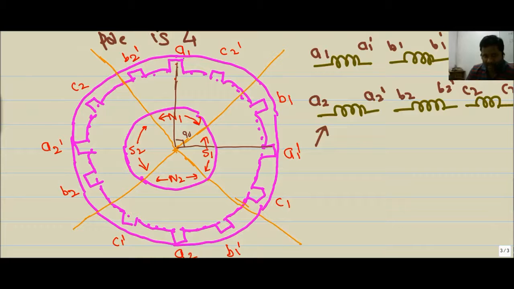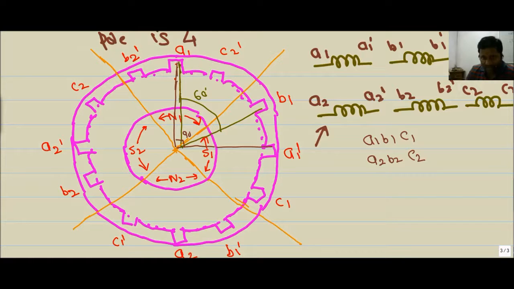Similarly, A1, B1, C1 make a phase sequence, and A2, B2, C2 make a phase sequence. Mechanically, the angle between A1 and A1 dash is 90 degrees, and the angle between A1 and B1 is about 60 degrees.